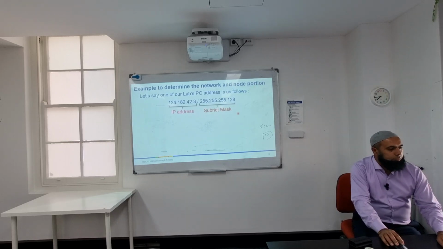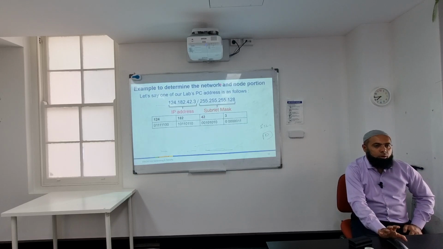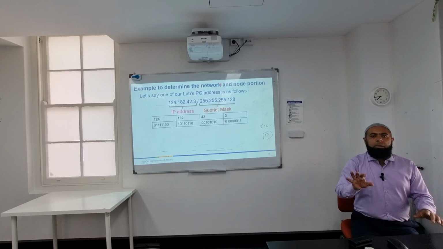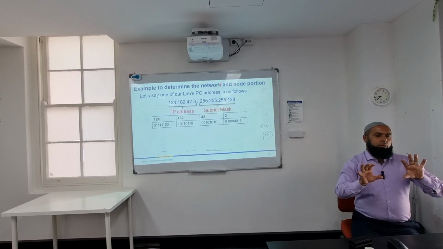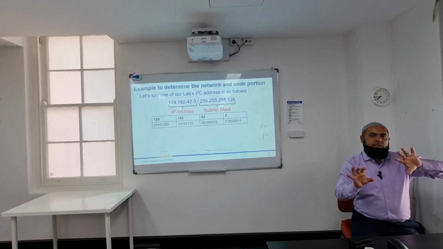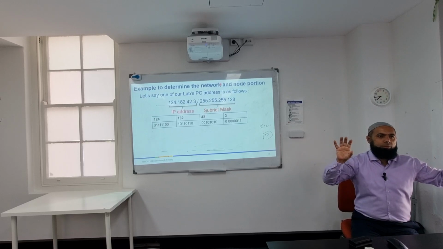Okay, just wait. Let's see the IP address first. First of all, by looking at the IP address and the subnet mask, we are trying to find out what is the network portion and what is the node portion.